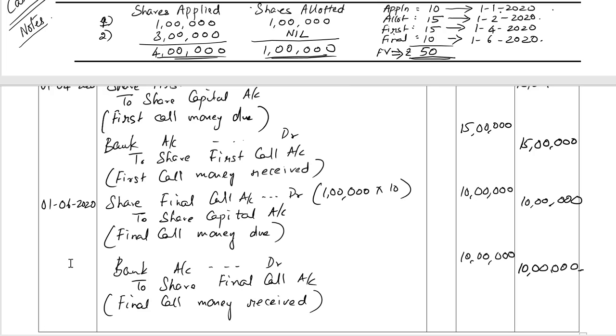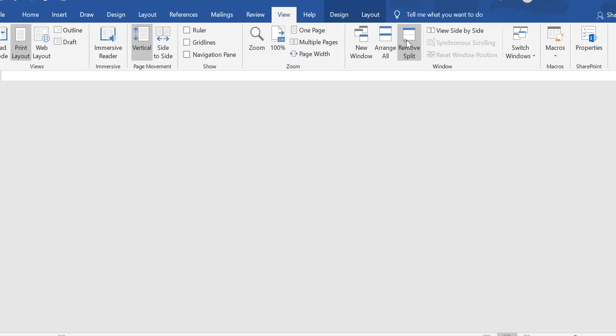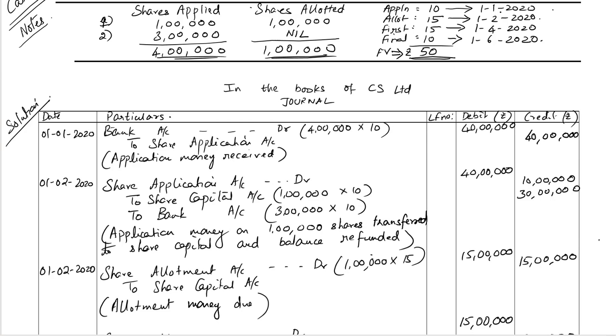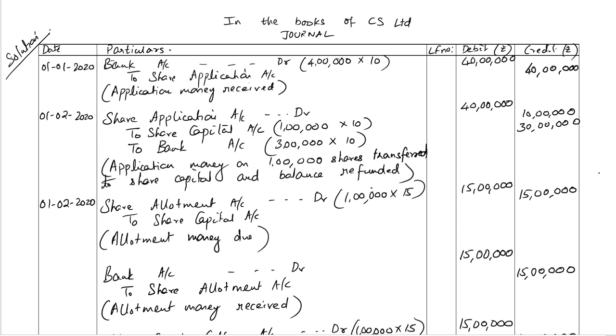We've completed the journal entries. I will remove the split and we can view all the entries together. So this is the first part of the journal entries.